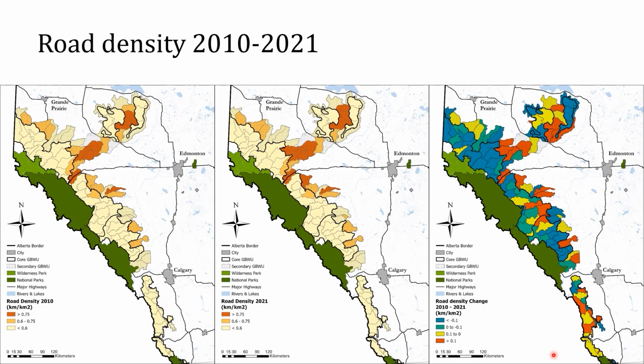We can see that this is the case in a lot of our grizzly bear watershed units. However, there are still a few watershed units where we have increased our road density, namely these yellow watershed units where we've increased our road density between 0 and 0.1 kilometer per kilometer squared, and then even higher within our red watershed units where we've increased our road density by greater than 0.1 kilometer per kilometer squared. These are the watershed units that we need to watch out for. These are the ones where there's more roads going in than roads coming out.